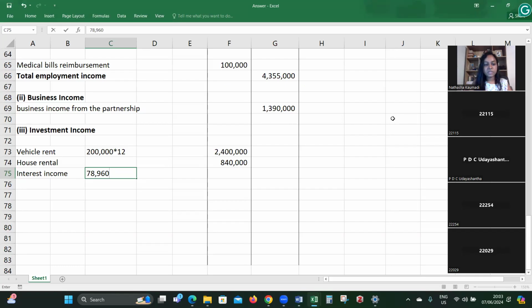The 78,960 equals 94% because 6% WHT has been deducted. To convert it to gross, divide by 94 multiplied by 100. We'll see whether your answer is correct.